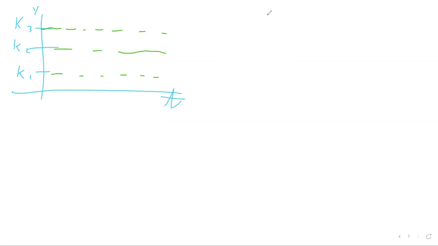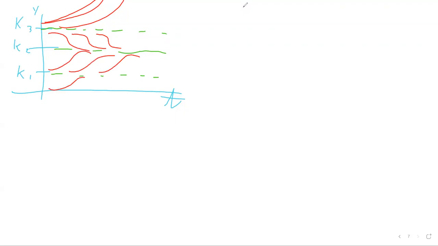Just to demonstrate the different types of stable, unstable, semi-stable, let's say here, these all increase. These all come down. These all go up. And these also go up.